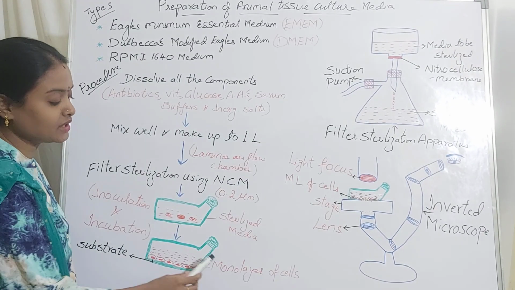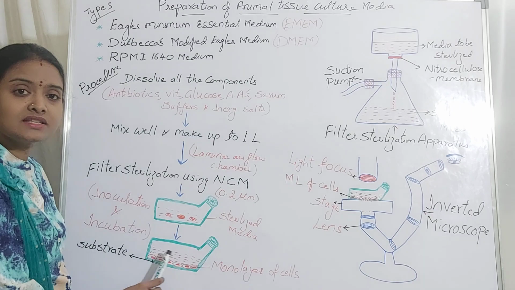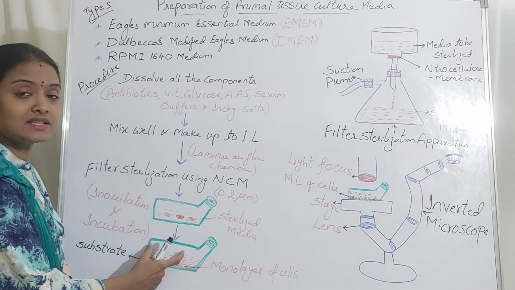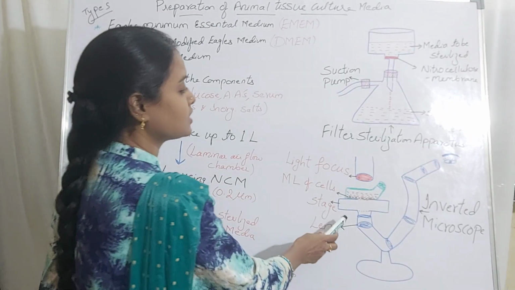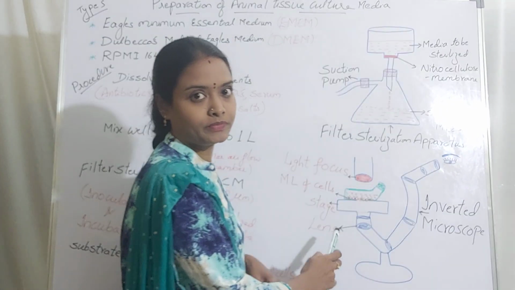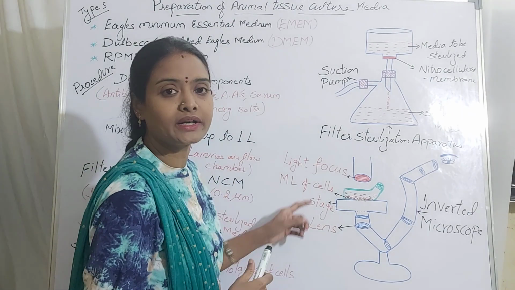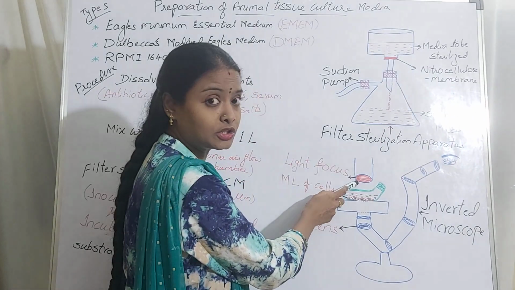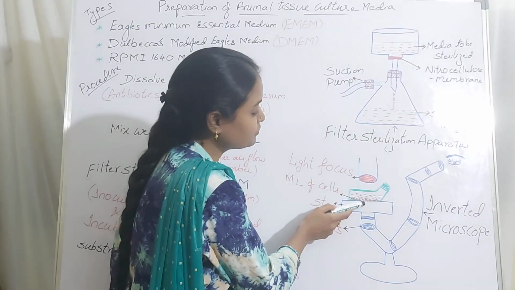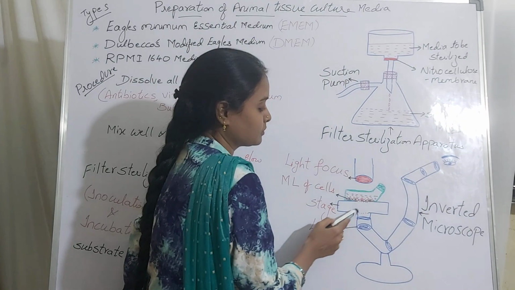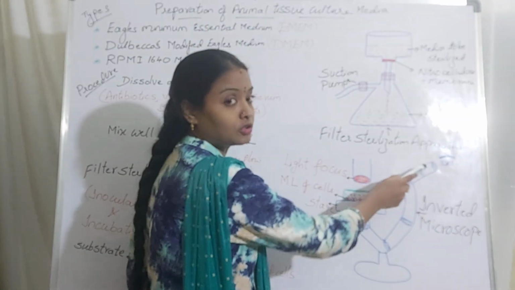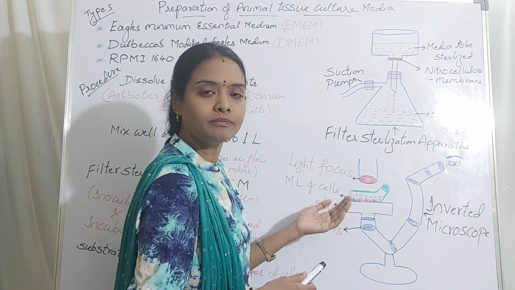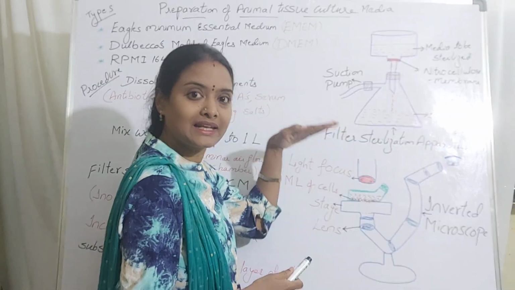Once you get the monolayer, you can't visualize this layer of cells by eye. So you visualize these cells using an inverted microscope, right? This is different from your compound microscope or light microscope. In a normal compound microscope, the light is focused from the bottom and you visualize from the top, and the lens is on the top.